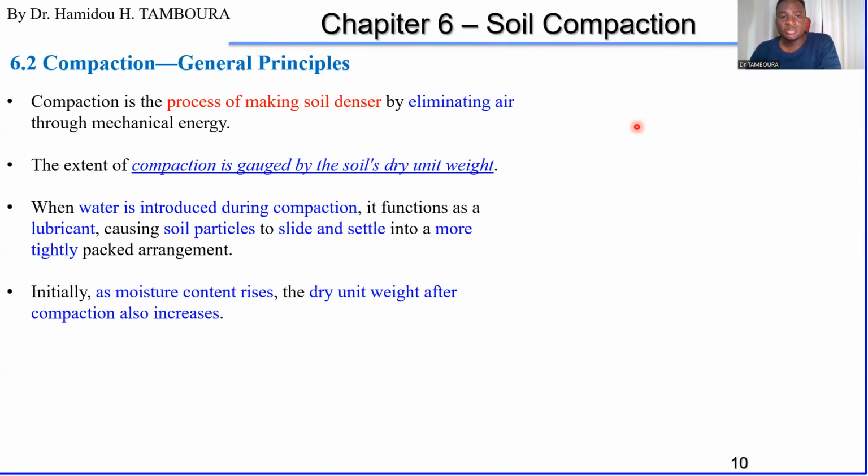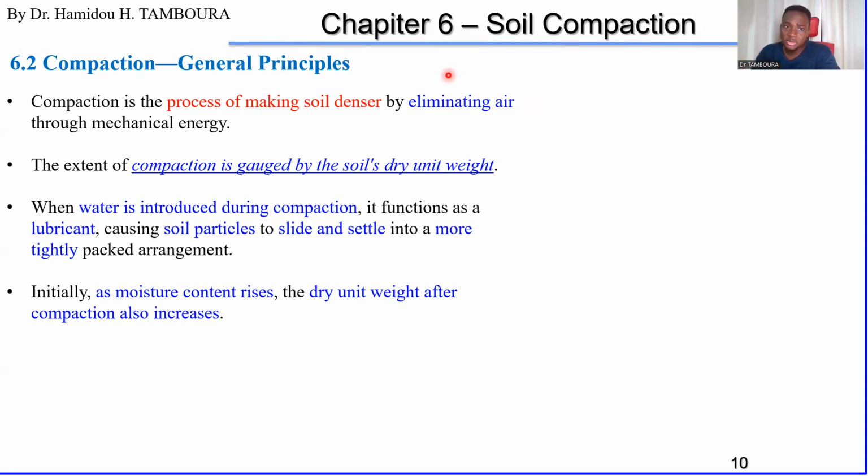So initially when we have a moisture content and we increase the amount of water content, normally the dry unit weight after compaction will increase. It means that if you take a dry, loose soil, and you add water and compact, it will increase the dry unit weight.